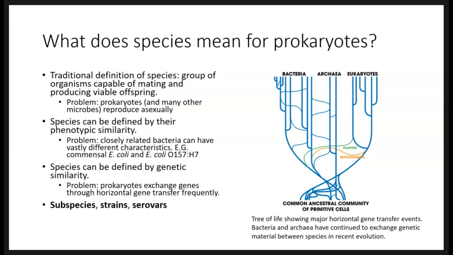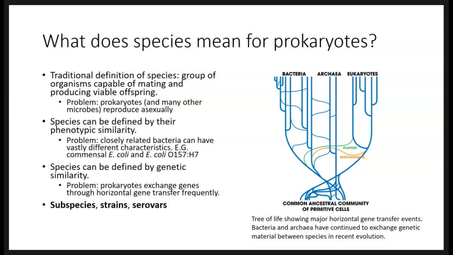One important concept to understand when talking about prokaryotes is that the concept of species is a little more complex than you might think. It is useful for us to talk about prokaryotic species, so groups of organisms that have similar characteristics. And it's useful to categorize, classify, and use that information, for example, to identify pathogenic bacteria.